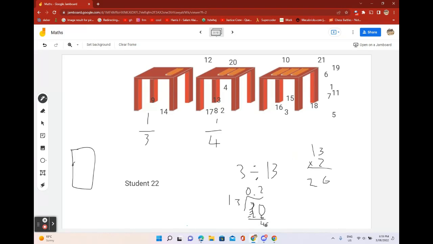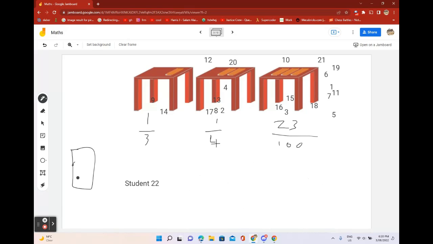And now we can put another 0, and we're going to do 13 times 3. Let's see if that will be 40, because we need to find something that will equal 40. No, that doesn't. But 39 is close, so we're going to put 3, and we're going to put 39 underneath. And 40 minus 39 is 1. So you could still go down that trail, but 2 digits for the decimal point is good enough for us.